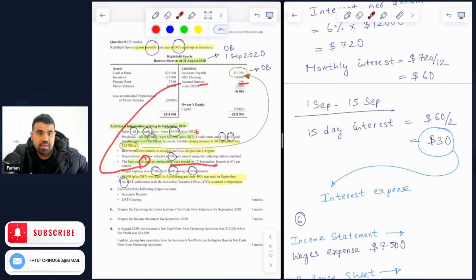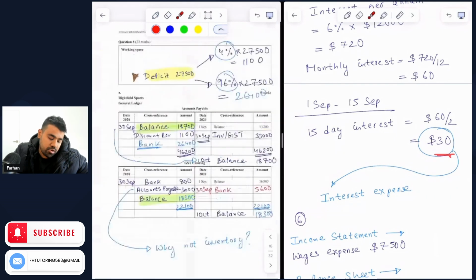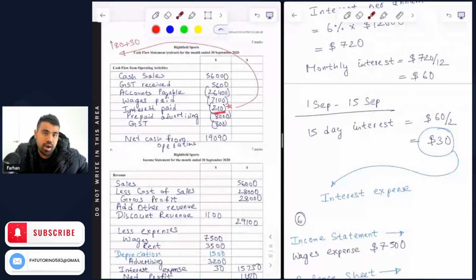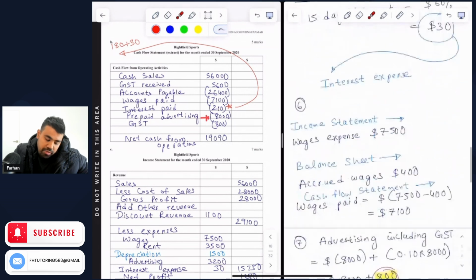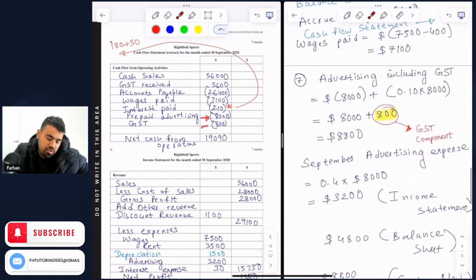So the entire thing is a cash outflow. 180 from previous period plus 30 for the current 15 days in the month of September, which gives us $210 in total. And that is what we have included here within brackets to reflect a cash outflow. Then we have prepaid advertising of $8,000 and the GST we paid on advertising of $800, both in brackets referring to an outflow. So you just simply add and subtract what you have to, and then you end up with $19,090, which is what we refer to as the net cash flow from operating activities.